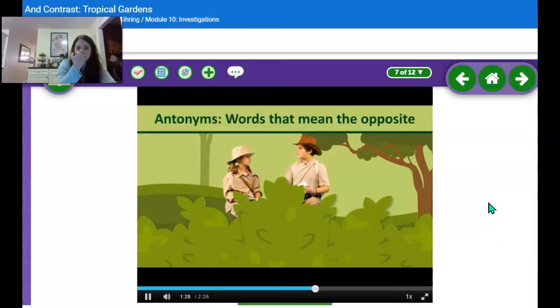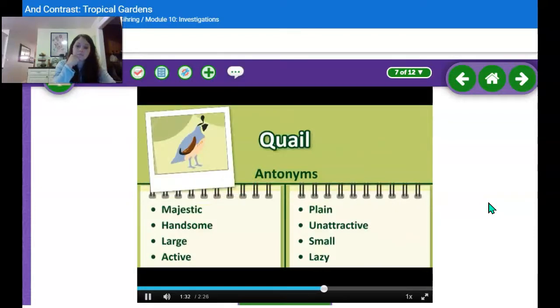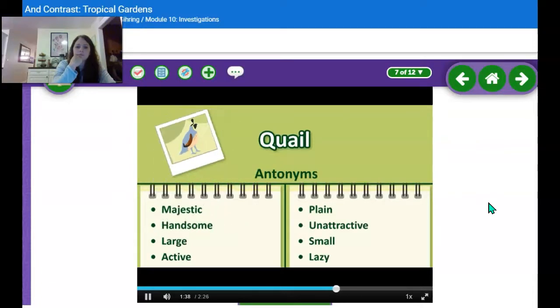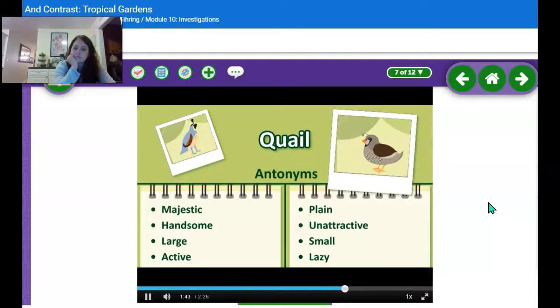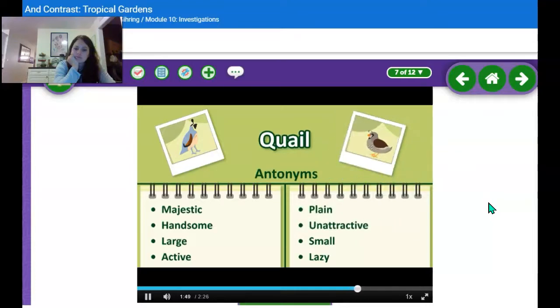Antonyms are words that mean the opposite of each other. I said the quail is majestic and handsome because of its plume and its blue chest. I think I was looking at the female and you were looking at the male. The female is brown and has a smaller plume. I thought it looked plain and kind of ugly. I said it was large because compared to the hummingbird, it is a large bird.